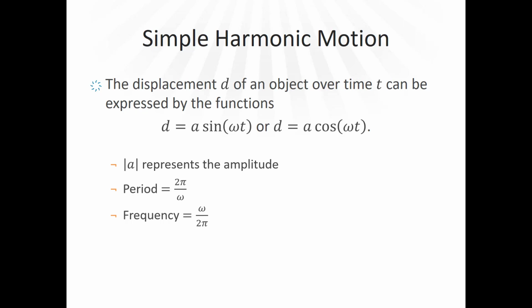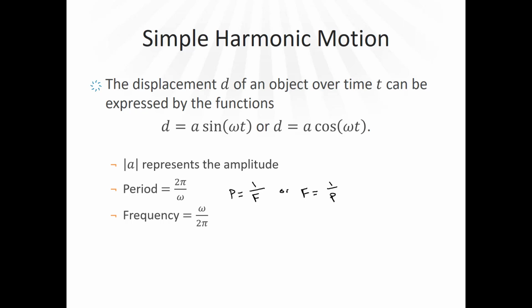If period is 2 pi over omega, then the frequency is omega over 2 pi. Period is equal to 1 over the frequency, or you can flip that around: the frequency is 1 over the period.